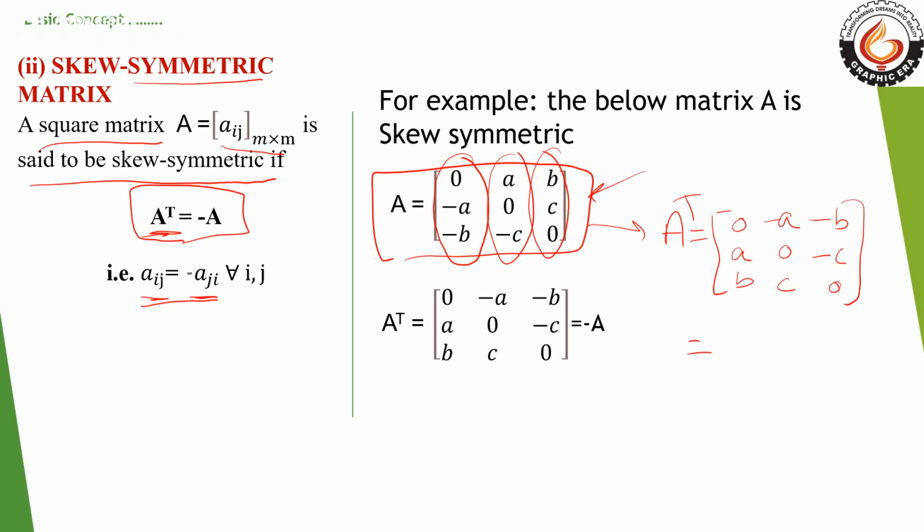And if we multiply that transpose matrix by minus 1, we get 0, A, B; -A, 0, C; -B, -C, 0, means again the matrix A. So this type of matrix is called a skew symmetric matrix.